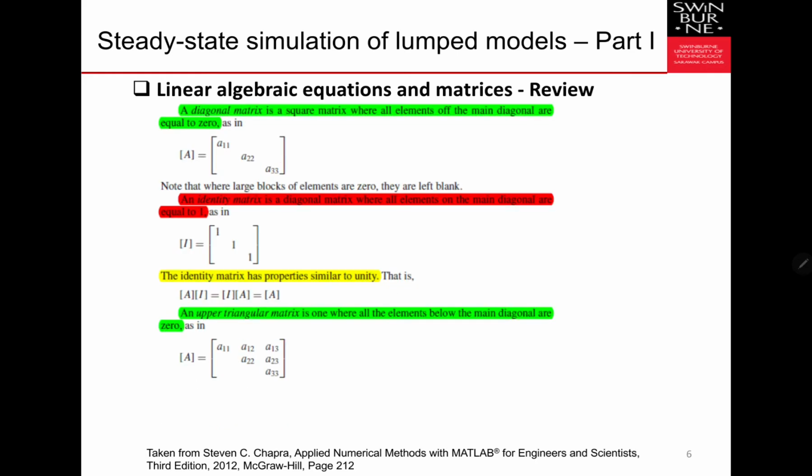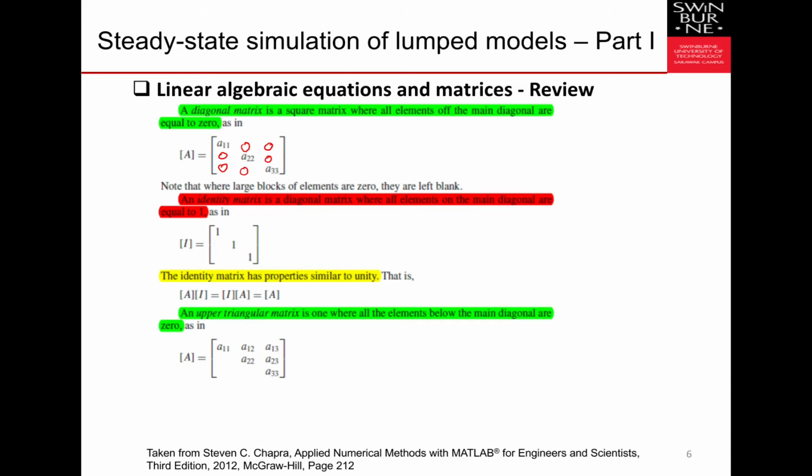A diagonal matrix is defined as a square matrix where all elements off the main diagonal are equal to 0. As you can see, the elements here are 0, 0, 0, and 0. Note that when we omit the representation of elements in a particular matrix, we assume that they are 0.